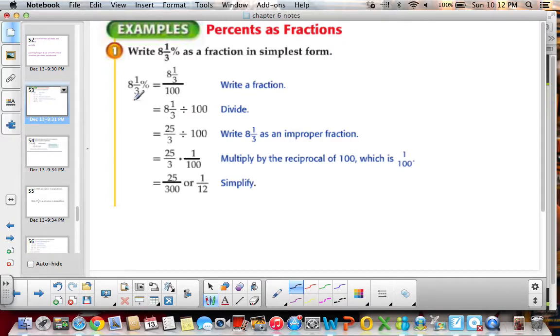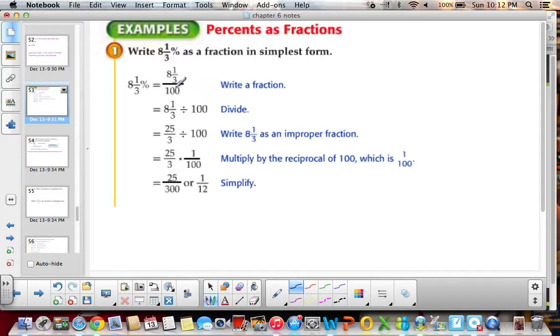any percent is that number over 100. So even though there's a fraction, we would take that mixed number, and put it over 100. So I would write this down in your notebook. You could just write 8 1/3% and then write these steps as we go through them.